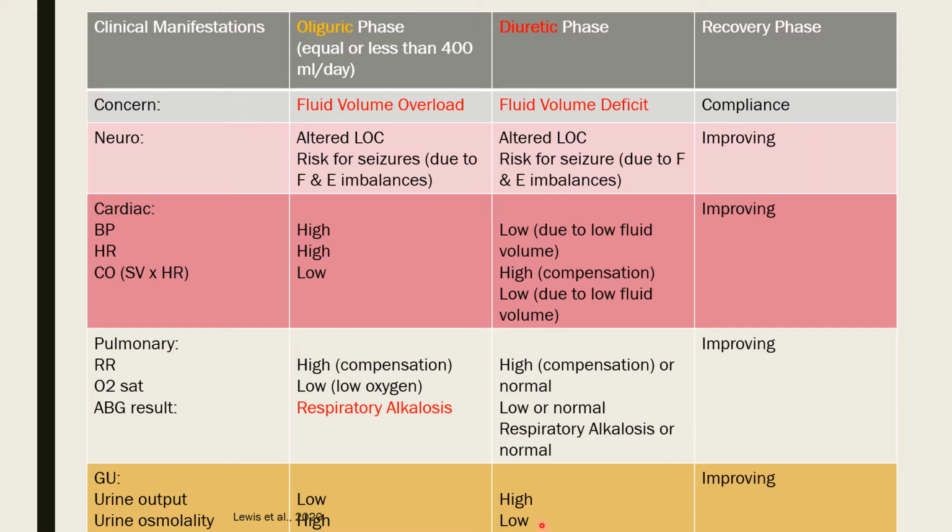And remember, when you say diuretic phase, they are urinating about 150 ml per hour or more. Okay? And of course, recovery, this is what we want to see, that neurologically and system-wise, they are improving.